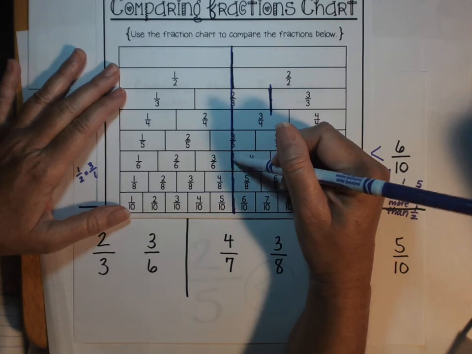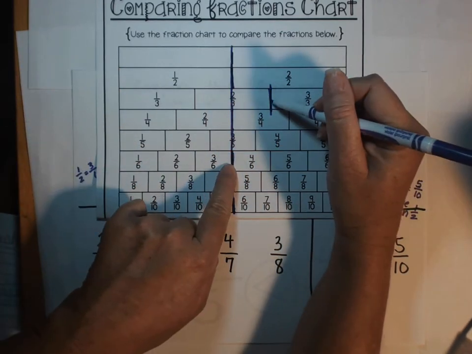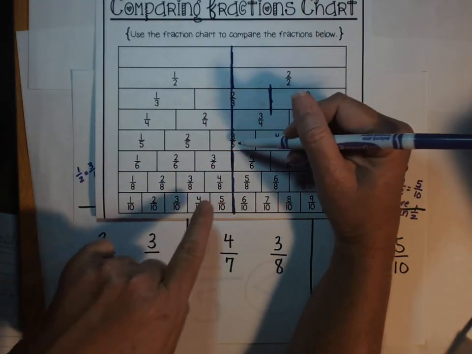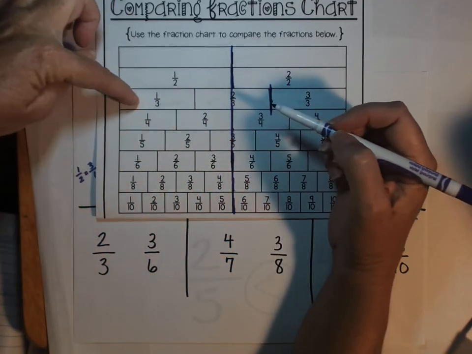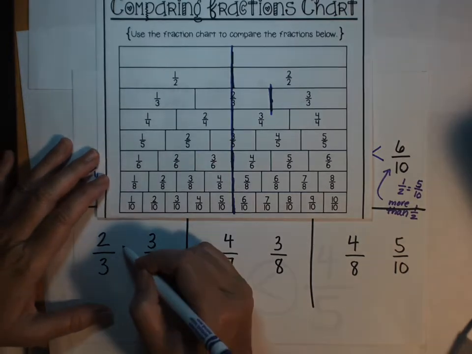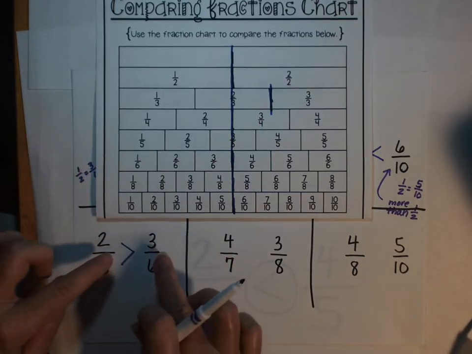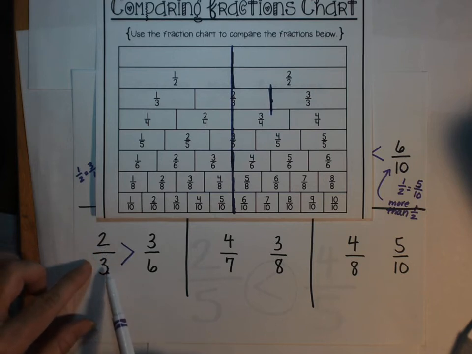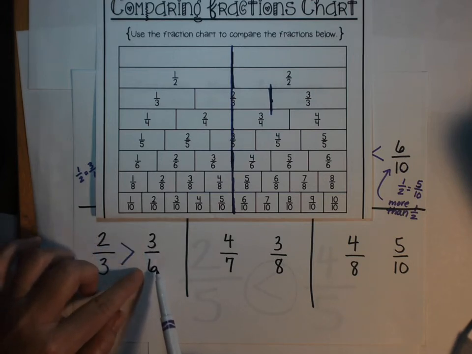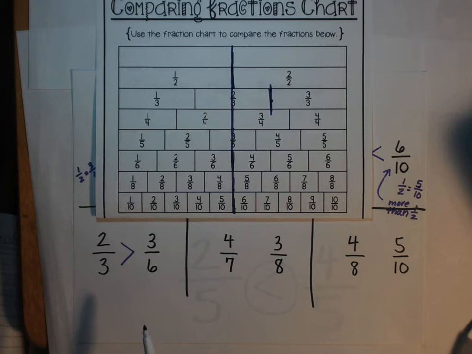That's going to be equal to 1/2. So if 2/3 is here and 3/6 stops here, I can see that this one is greater. 2/3 is greater than 3/6. 2/3 is more than 1/2. 3/6 is exactly equal to 1/2.